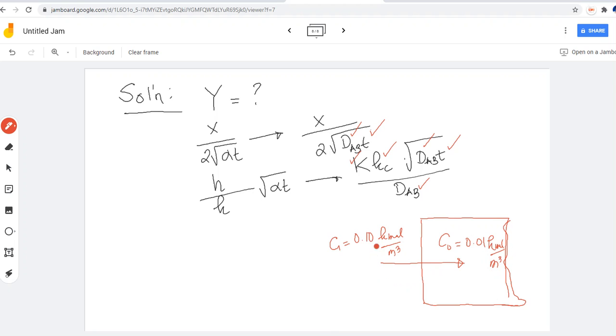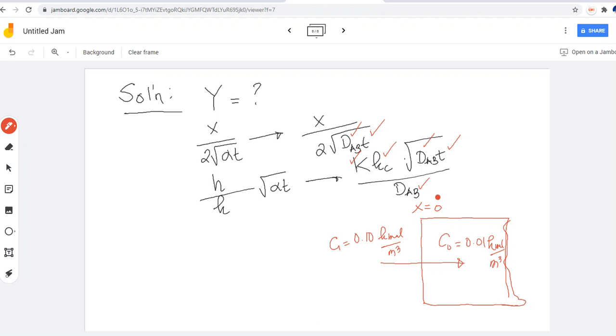And since our transfer will be from this bulk liquid to the solid, then the initial point where mass transfer is to commence is this, and at this point at the surface your x is equal to 0.